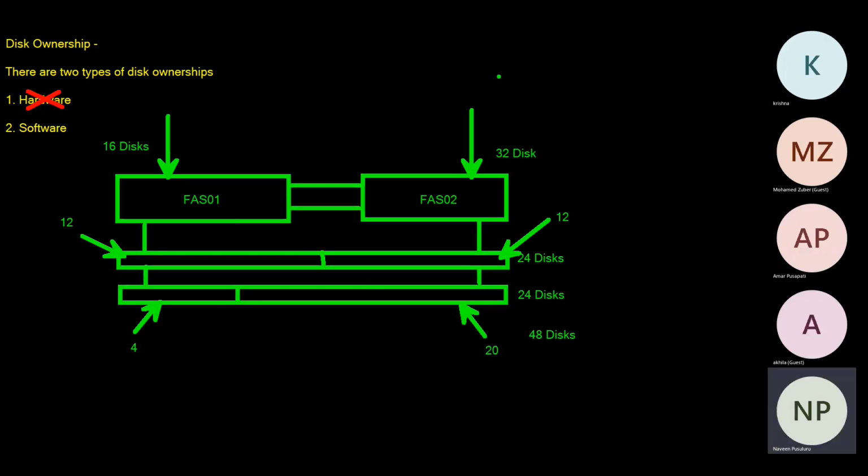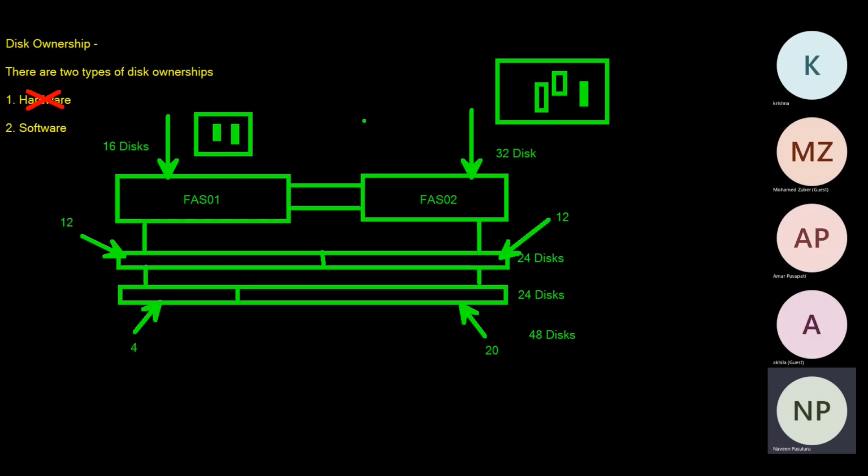So by using these 32 disks, I can create a data pool, and I can create partitions, and present them to my clients. And here with the 16 disks only, I can create a storage pool, and I can create logical partitions, and present them to the clients. This is how disk ownership works in non-ADP disks. I talked about non-ADP disks so far.